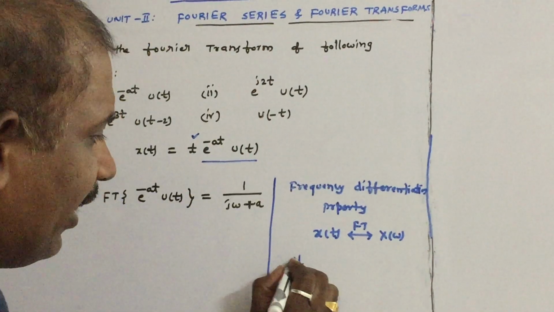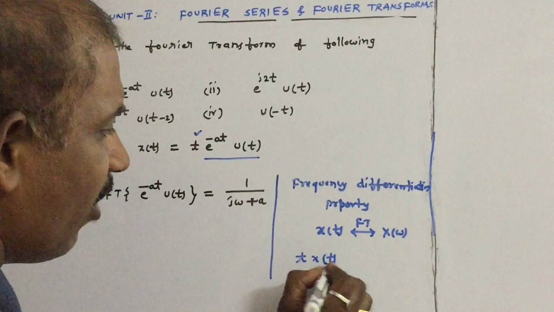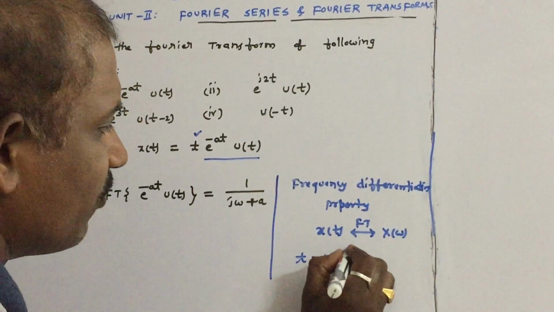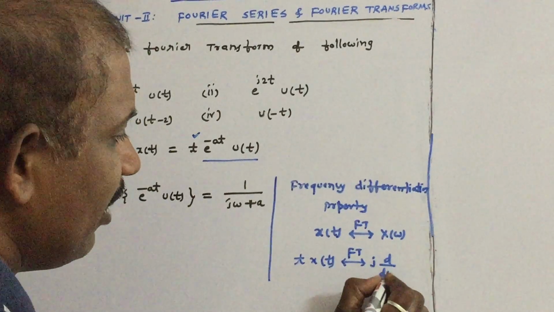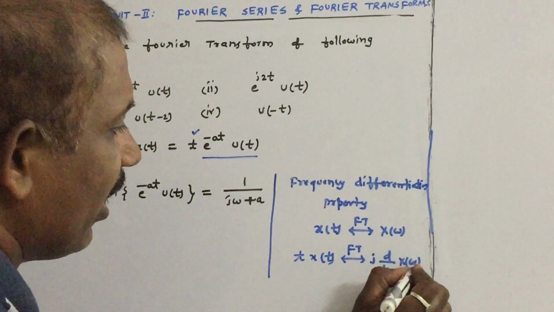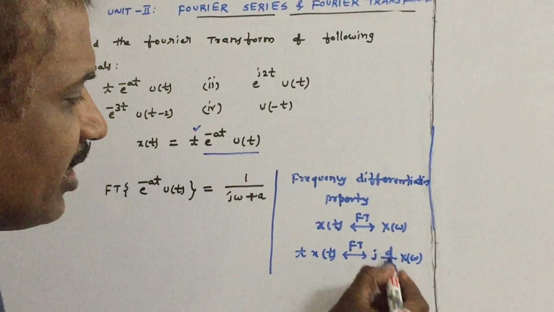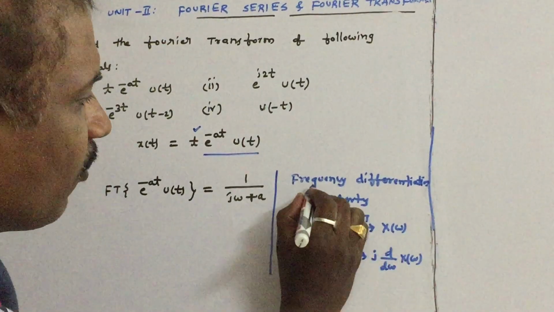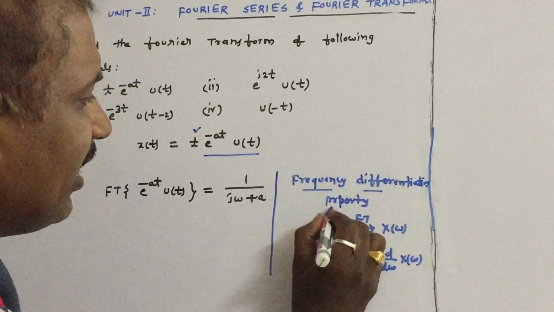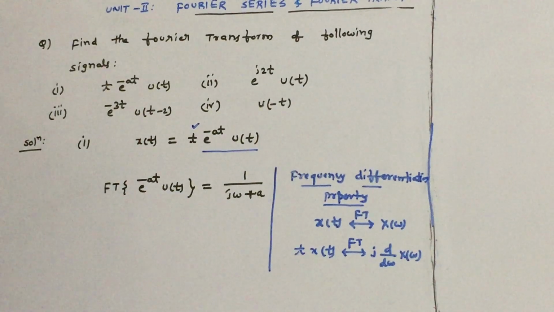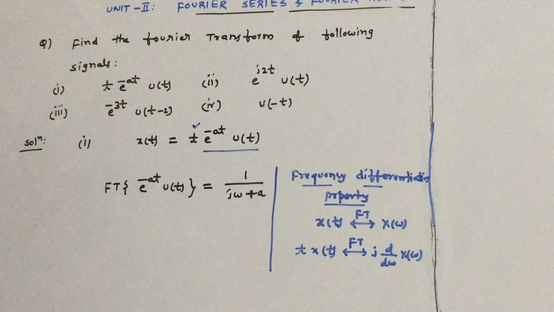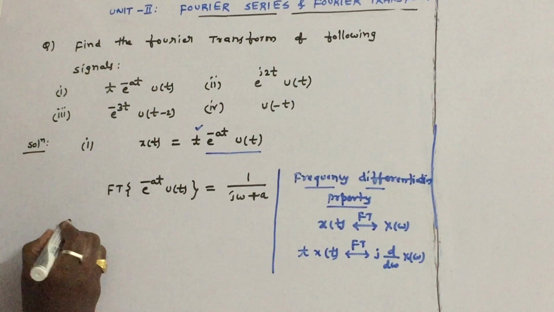Then if you multiply x of t with t, what do you have to write? On the right side, j d by d omega of x of omega. So we are differentiating the frequency quantity on the right side. That's why it is called the frequency differentiation property. So use this property here, since this signal is multiplied with t.